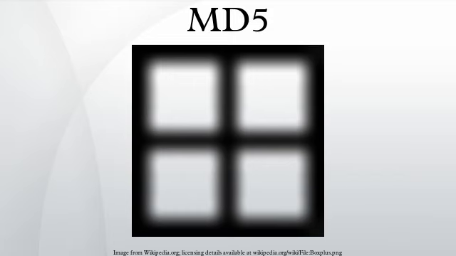For each 512-bit chunk of the message, break the chunk into sixteen 32-bit words M[j], 0 ≤ j ≤ 15. Initialize the hash value for this chunk: var int A = a0, B = b0, C = c0, D = d0.